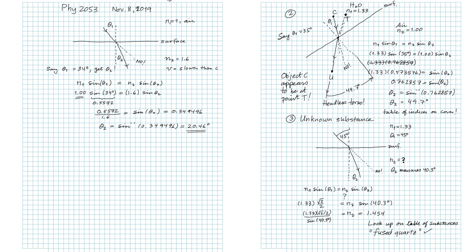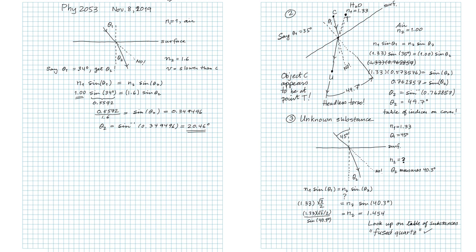All right, now, next problem is to identify an unknown substance. So here's my surface. And let's put a normal to the surface. And let's say that I've got water here. N1 equals 1.33. And down here, I don't know what N2 is.